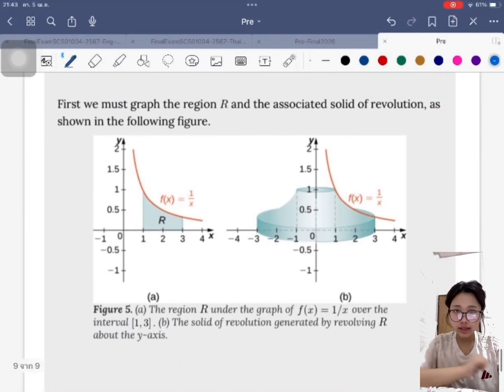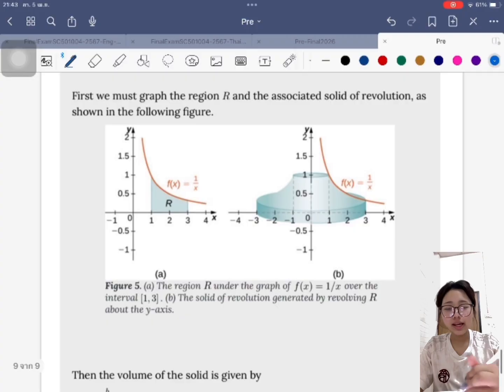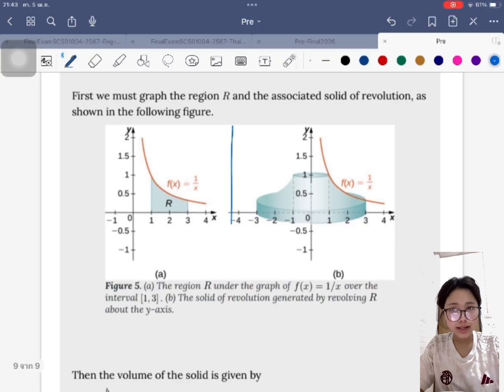Okay, and the next equation is V equals the limit, and the last equation is the integral from a to b of A(x) dx. This is an important equation.